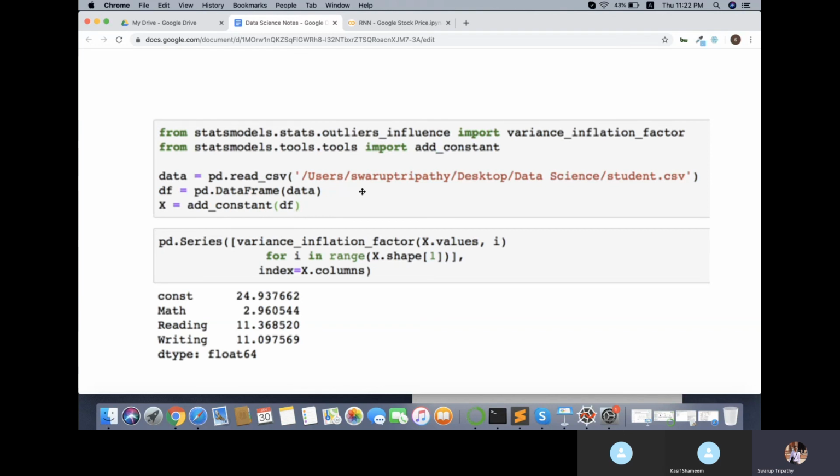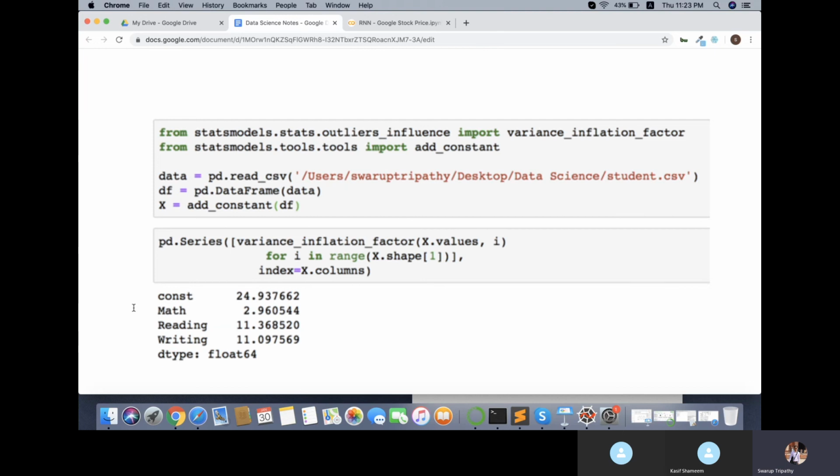If you see the VIF values it gives us, math is 2.96, but reading and writing are very similar. So reading and writing have a similar variance inflation factor. In this kind of scenario, you should check variance inflation factor only with respect to independent variables.